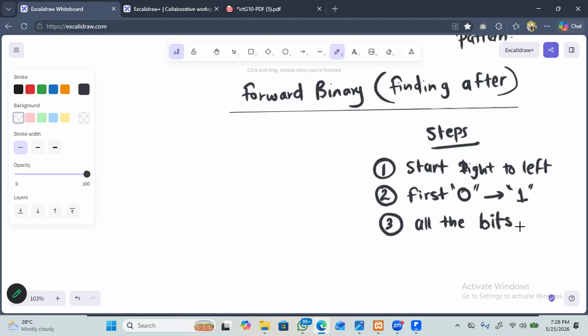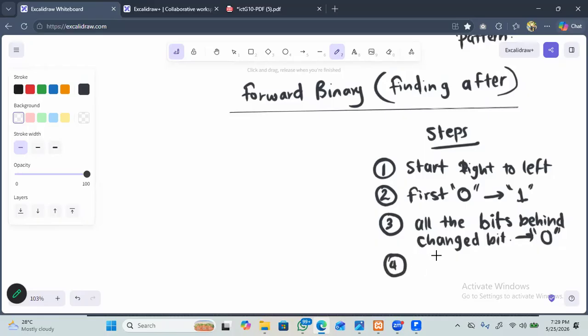All the bits behind the changed bit should convert to 0.